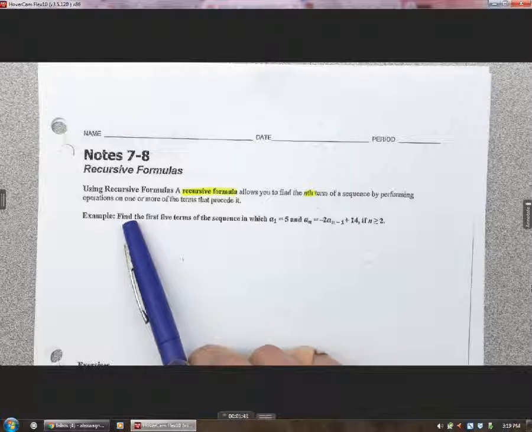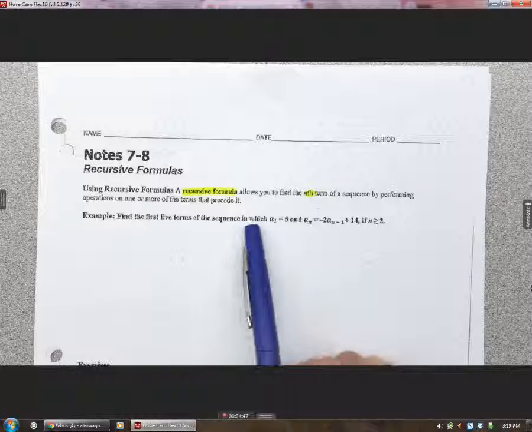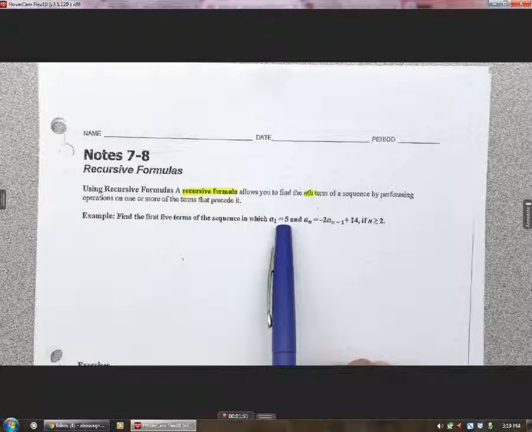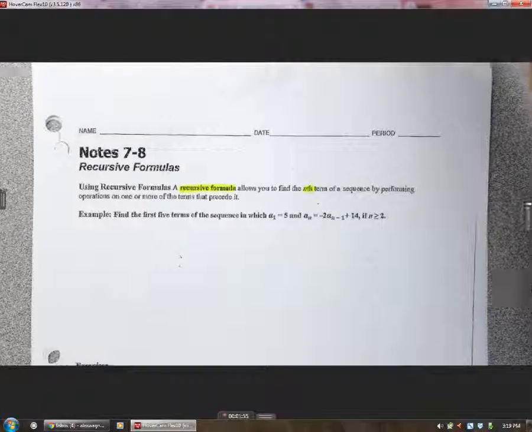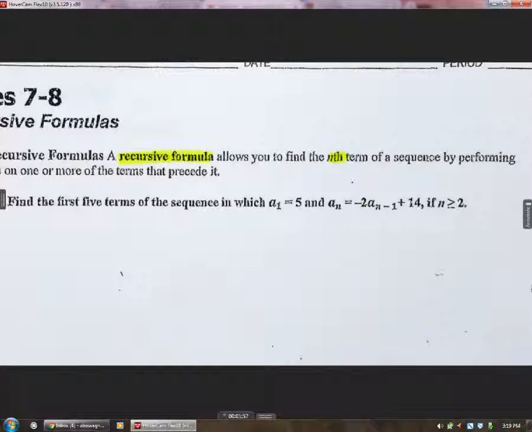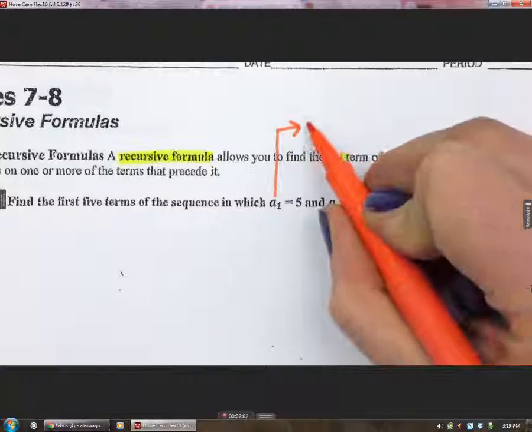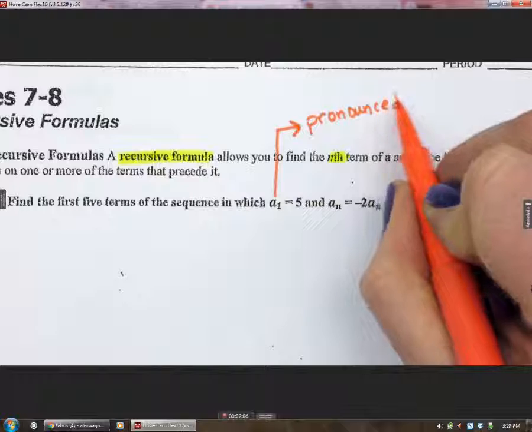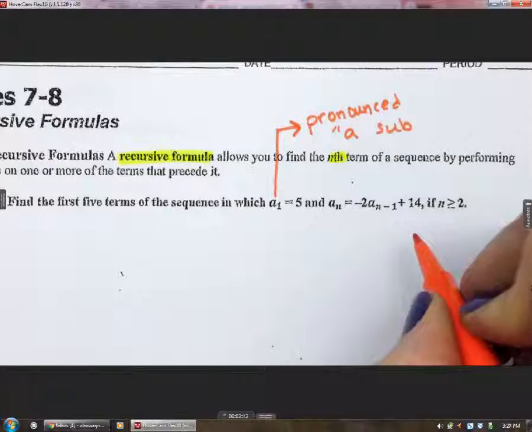So here we go. Example: find the first 5 terms of the sequence in which this little A1, I want you to know what that actually means. You don't really say it as A1. Sometimes I will refer to it as that on accident. But make a little note, it's said, A sub 1, like substitute.